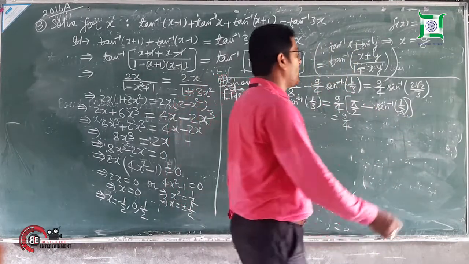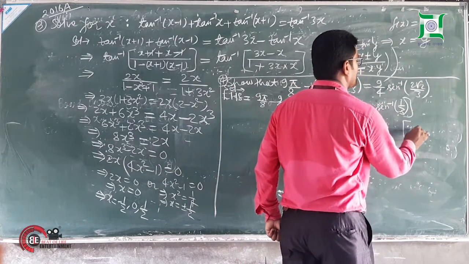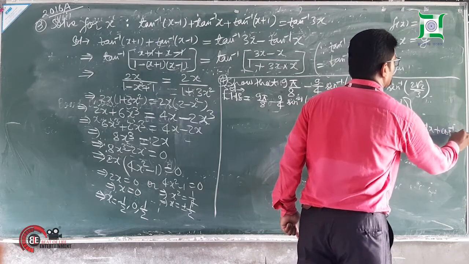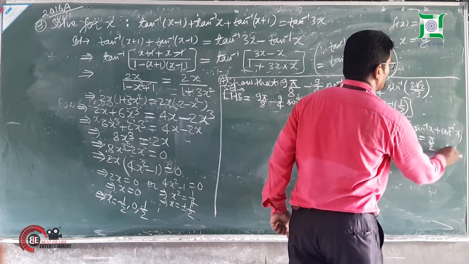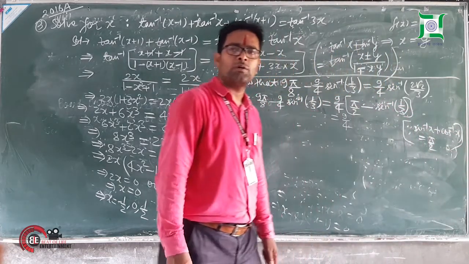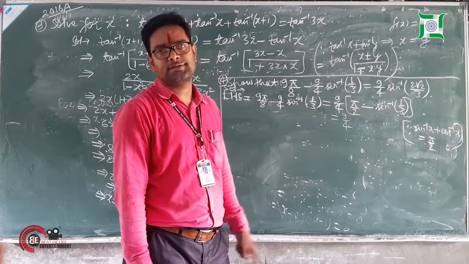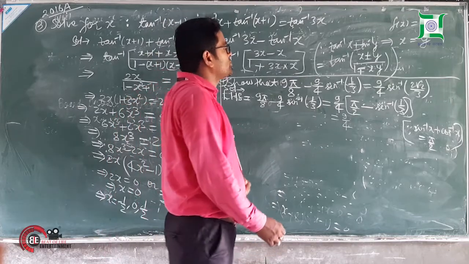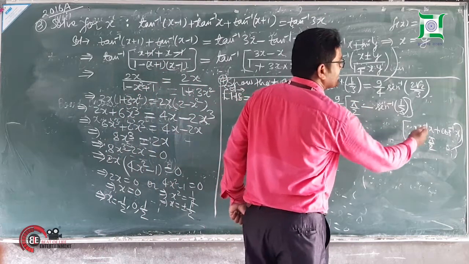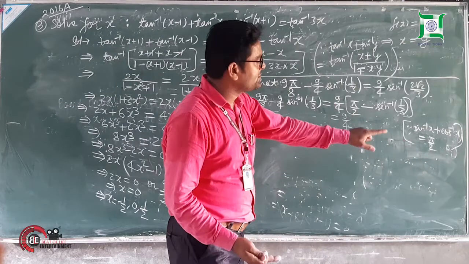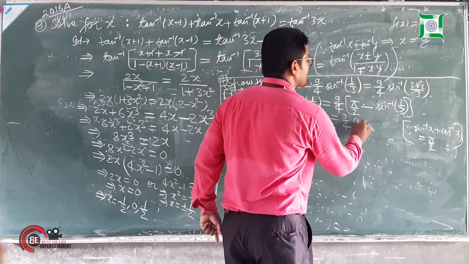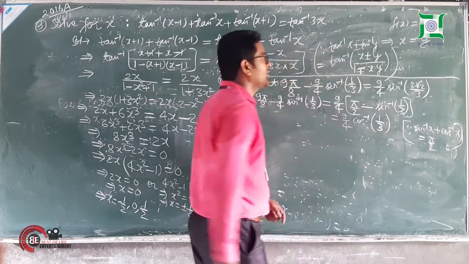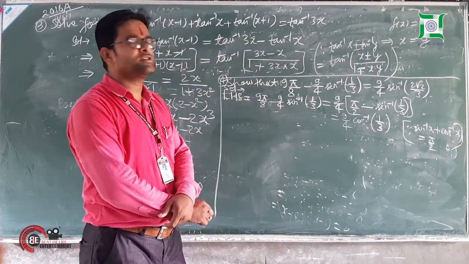If you know the formula, you can easily answer. Sine inverse x plus cos inverse x is equal to pi by 2. This is the formula related to complementary angles. So pi by 2 minus sine inverse x will give you cos inverse x. So you will get cos inverse 1 by 3.